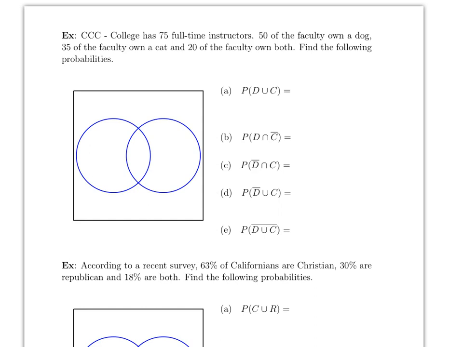Let's do an example. Let's say the Campton College has 75 full-time instructors, and of those 75, 50 own a dog, 35 own a cat, and 20 own both a dog and a cat. I told you that the key to making these problems easier is to complete this first before you answer any of the questions.